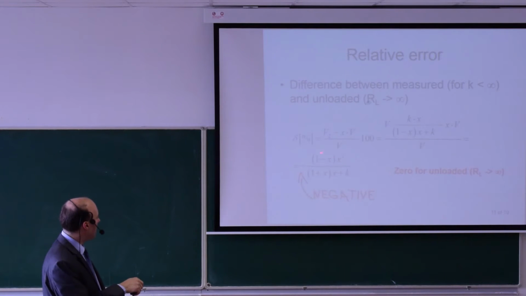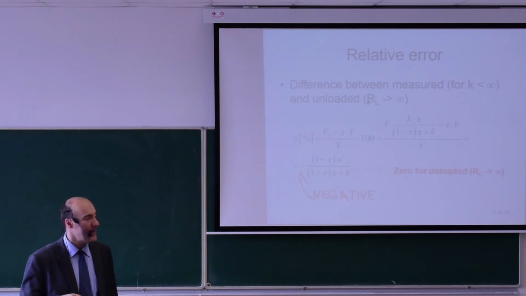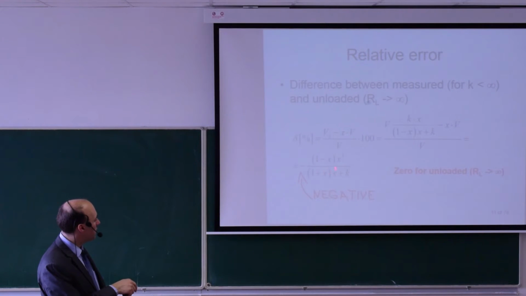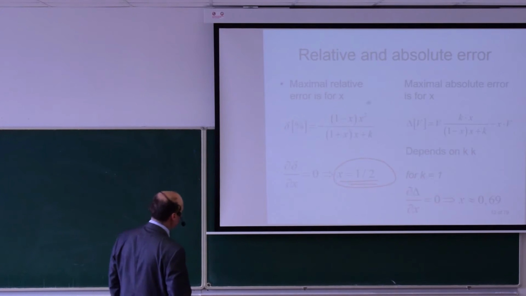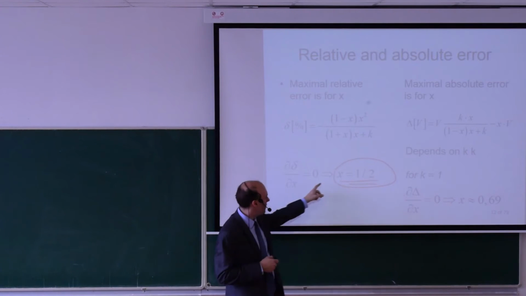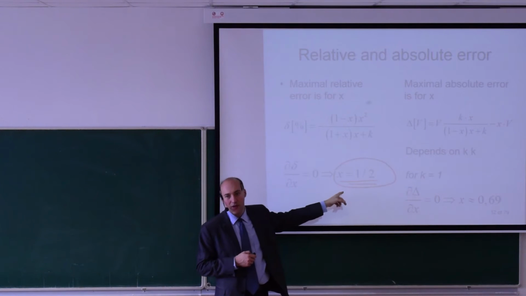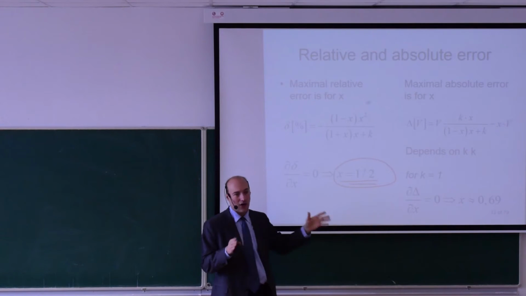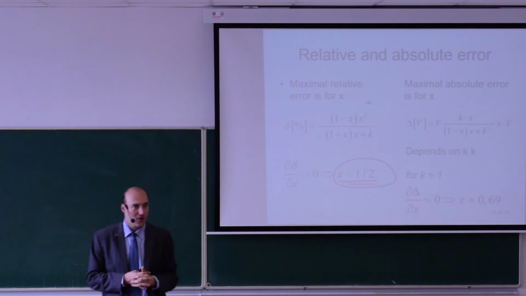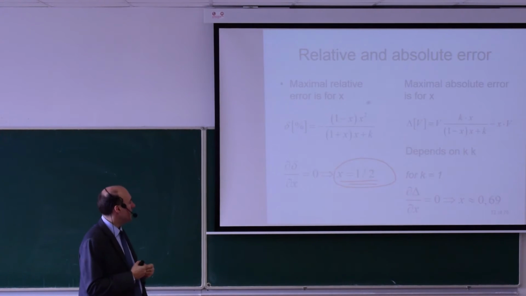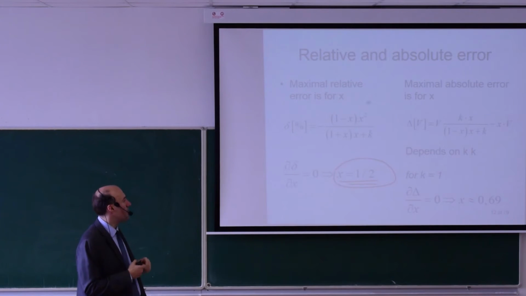If you take this formula and calculate the partial derivative of it over x, then you can find for what position you will have the maximal error. We can do that quite easily, and you can find out that the absolute error is always the biggest in the middle. So in one half of the range, you always have the maximum error. We can calculate how large that will be. The size will depend on the value of K.